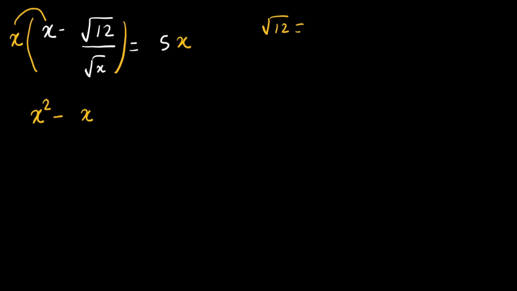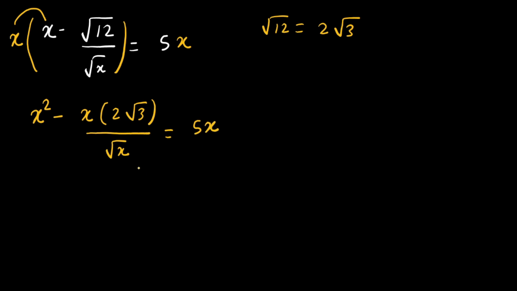Square root of 12 is the same as 2 times square root of 3. So this is 2 times square root of 3 over square root of x, and this is equal to 5 times x.